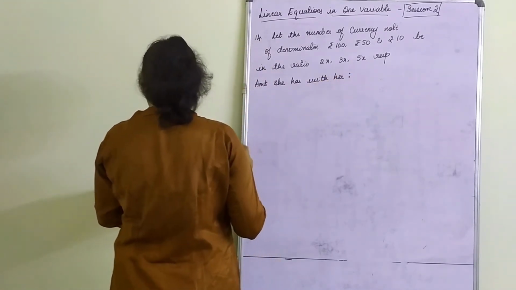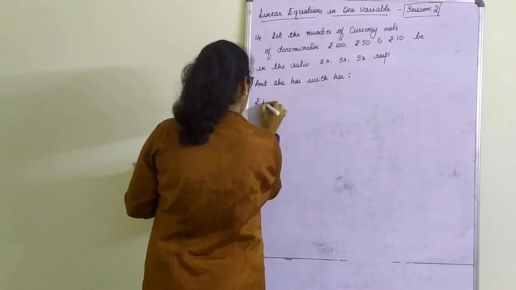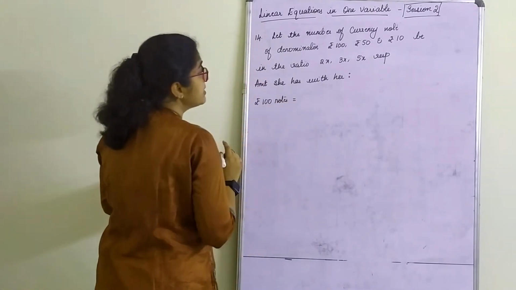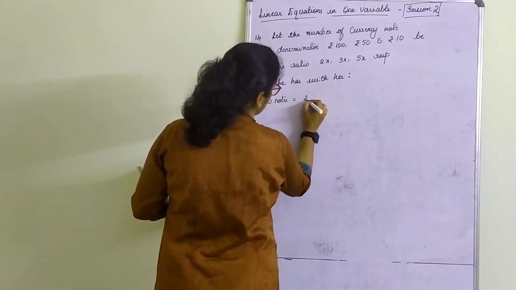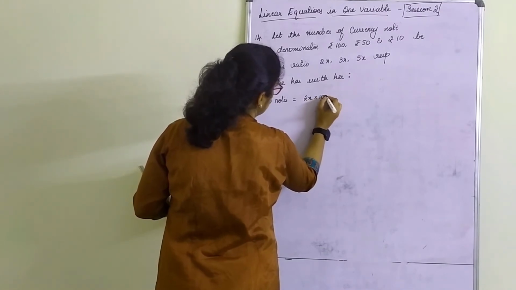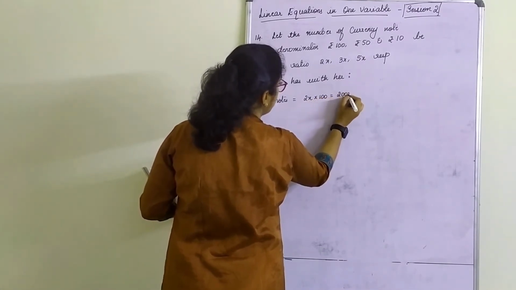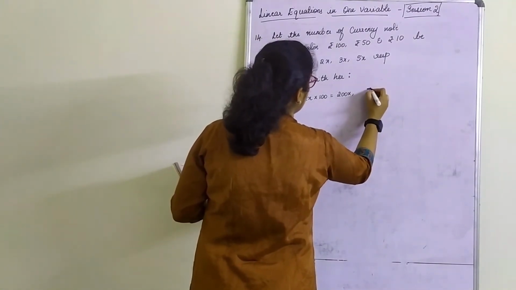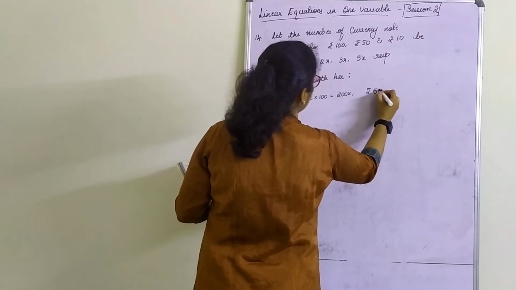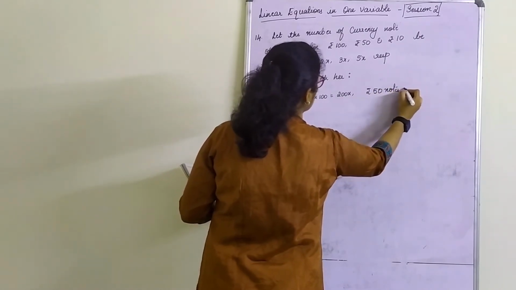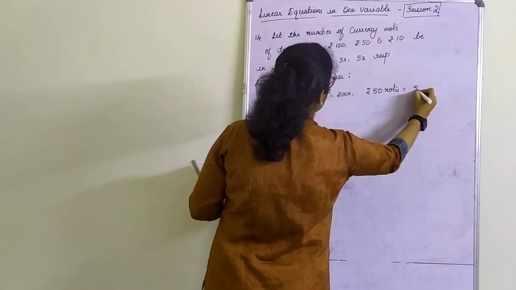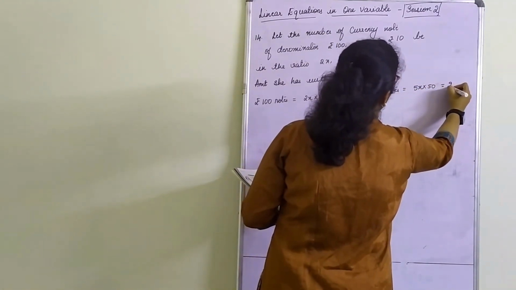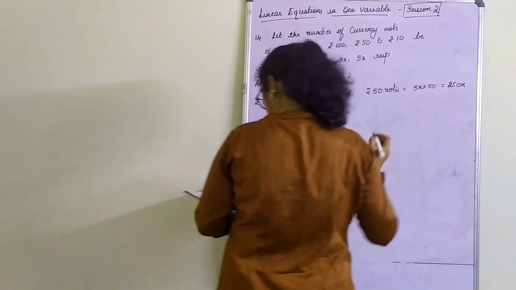Okay, let's calculate that. So rupees 100 notes, how many does she have? In terms of 2x into 100, that is 200x of 100 notes. Then next, rupees 50 notes, how many does she have? 5x into 50, that is 250x, correct?